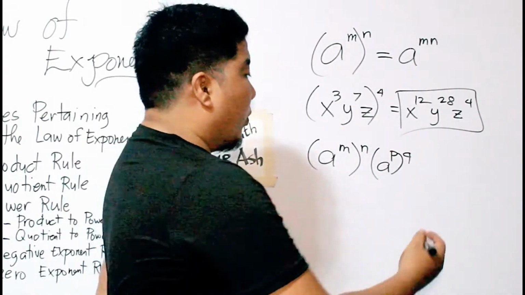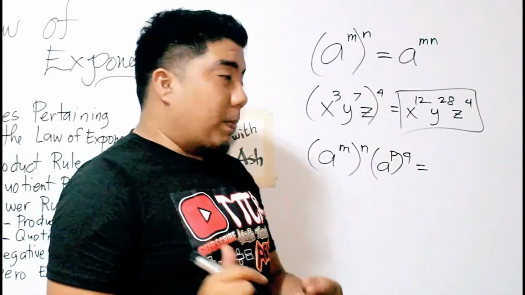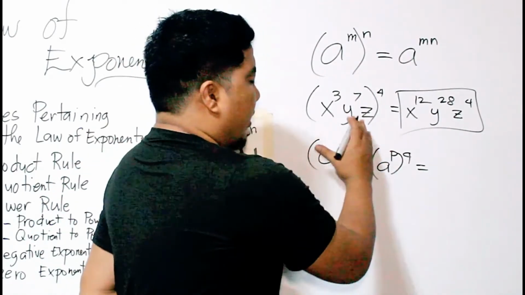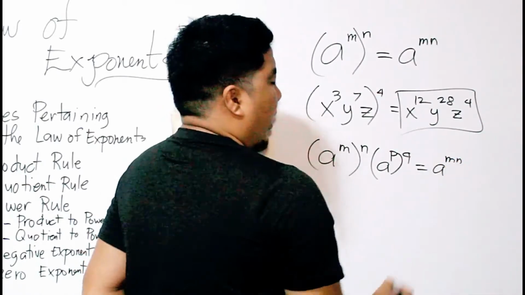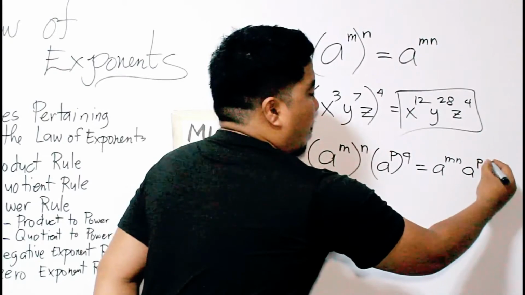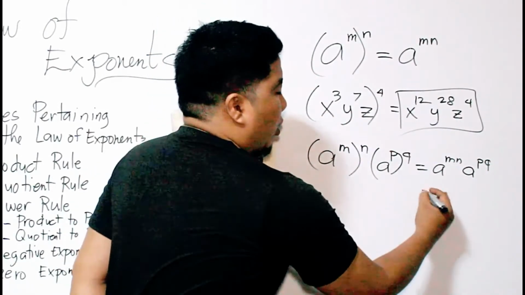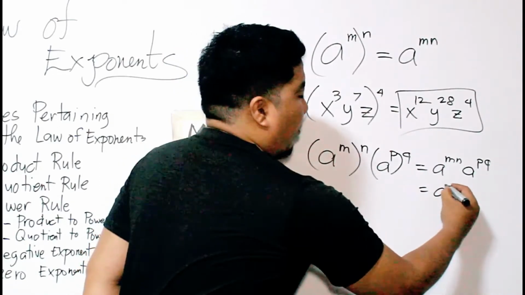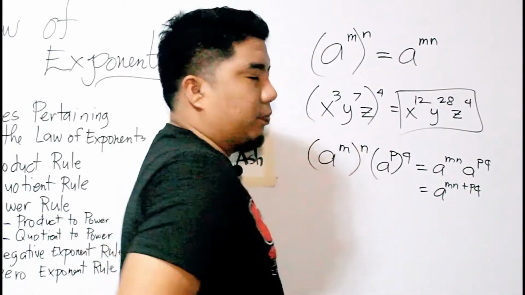What you will do here is first multiply the powers. The first group will become a to the power of mn, and the second group will have a to the power of pq. But since they have the same base, you can have a to the power of mn plus pq.